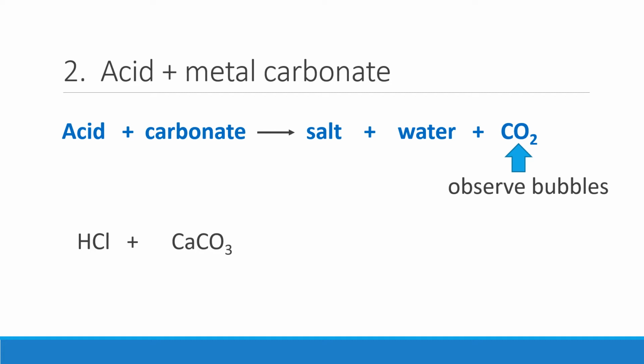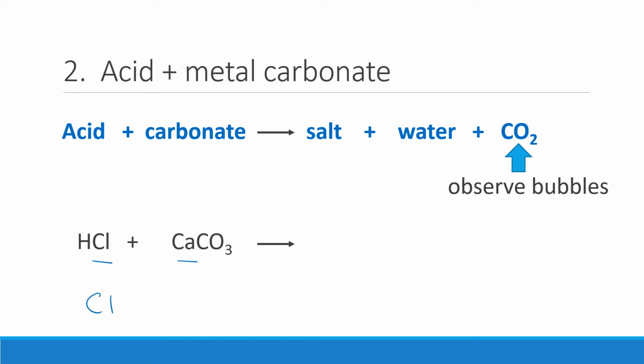So here we have hydrochloric acid HCl plus calcium carbonate, CaCO3. So calcium carbonate you find in eggshells and seashells and limestone and marble. It's the major component of all those things. It will react with HCl, and what will the products be? Well, we need a salt, so that's going to form from the anion in the acid and the cation in my metal carbonate.